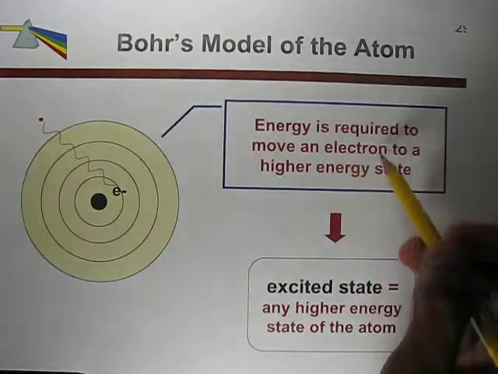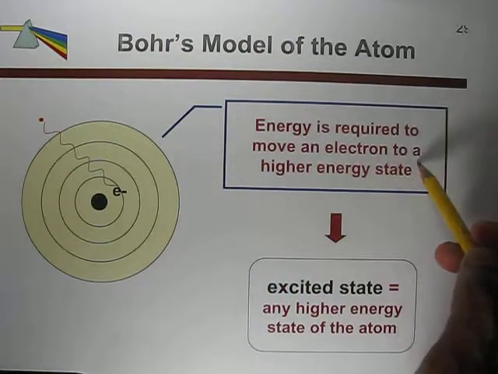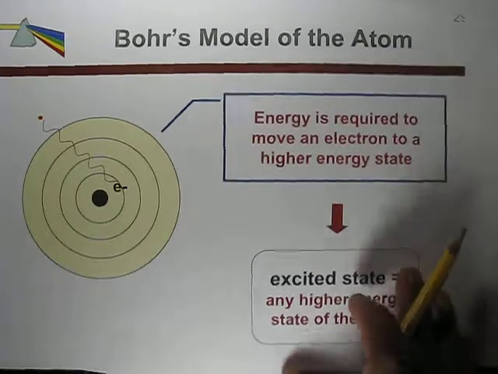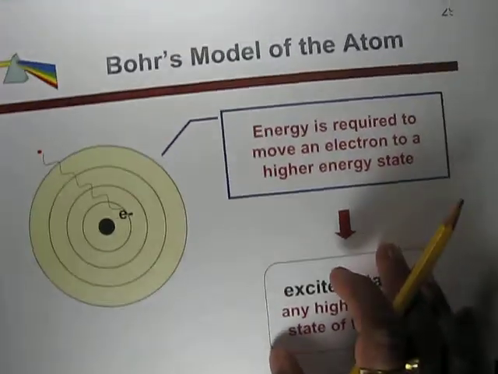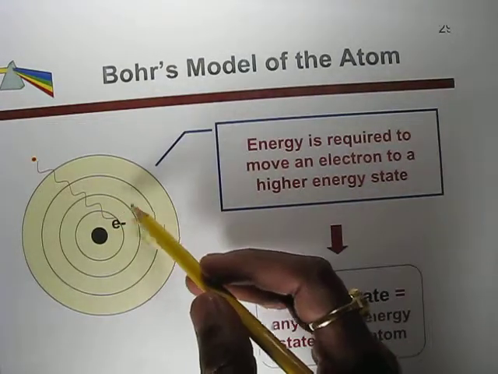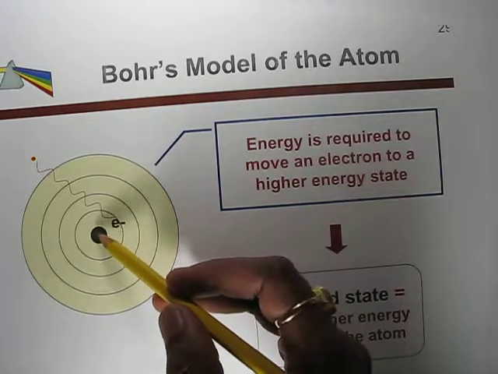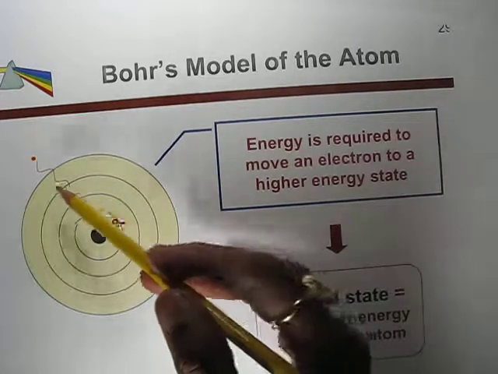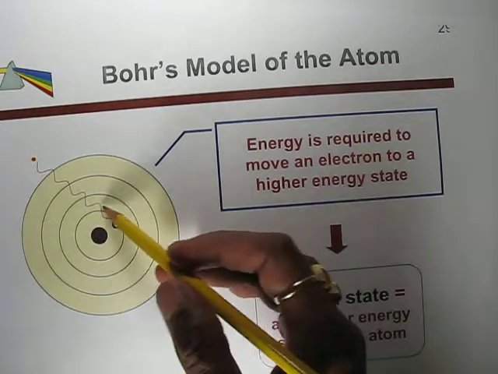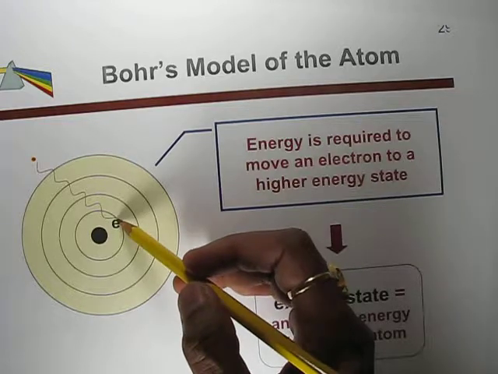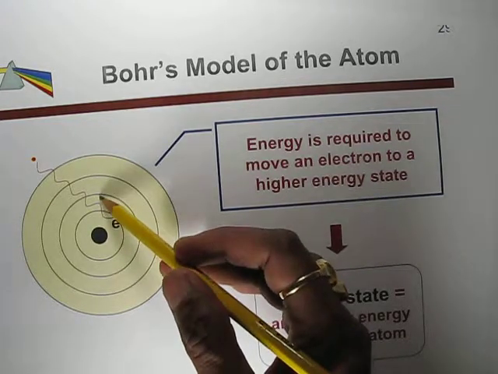So let's summarize the Bohr model once again. According to the Bohr model, energy is required to move an electron to a higher energy state, which is called the excited state, or any higher energy state of the atom. This model shows that the dark spot is the nucleus, and the electron moves from one energy level, the closest one, which has the lowest energy, to a higher energy level.